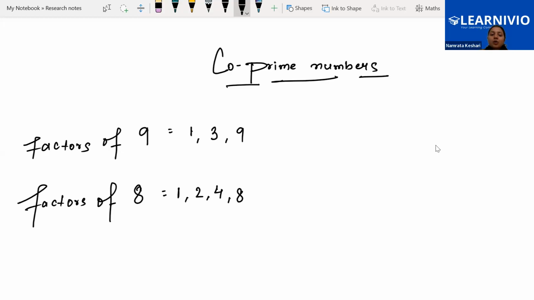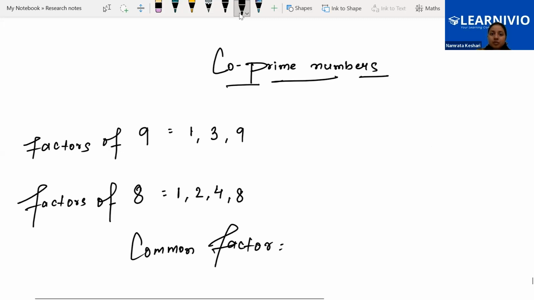Now, if we have to write the common factor from these two, what are the factors that are common in both the lists? Anyone? 1. Just one. Can you see? Common factor is just one.